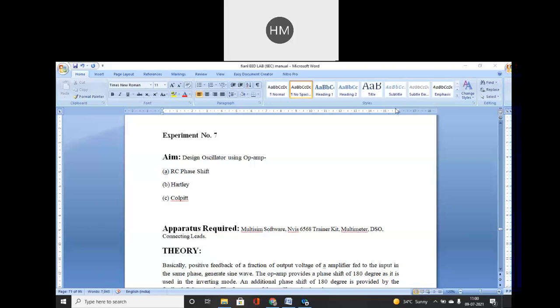Both can be generated. Negative feedback oscillators will attenuate your output signal. It will not provide you amplification. For amplification purposes, we use oscillators. ठीक है, so generally we will use positive feedback oscillators. And what is feedback?